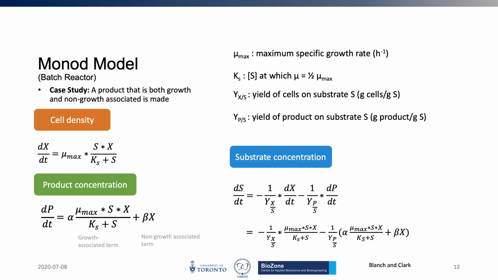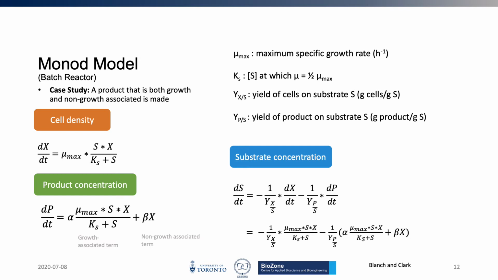The product concentration mass balance equation, dP by dt, has a growth associated term, which is proportional to the rate of cell growth via a constant alpha, and it also has a non-growth associated term, which is proportional to cell density at a certain time via a constant beta.